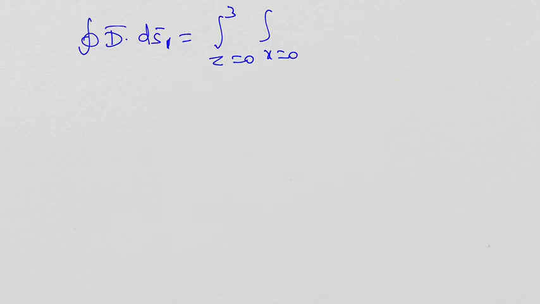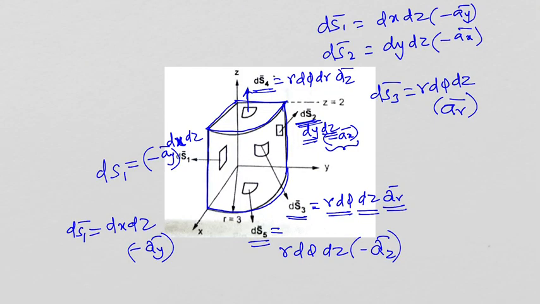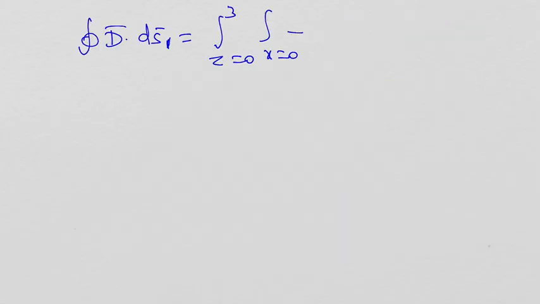So with respect to surface 1, if I evaluate D dot ds, it becomes the surface integral with z equal to 0 to 2, towards the left side, x equal to 0 to 3, minus of, yes, it is minus of 3y plus z, into the differential surface area, which has been already indicated as ds1.